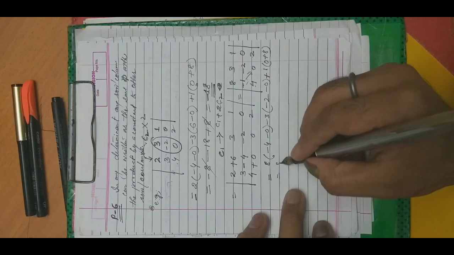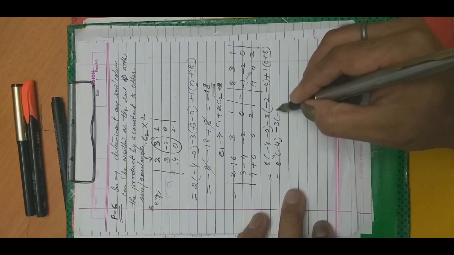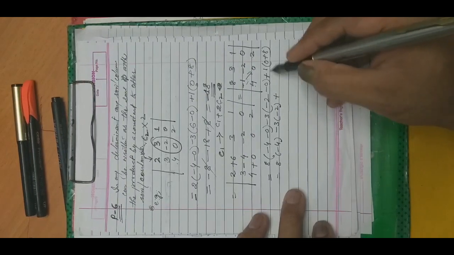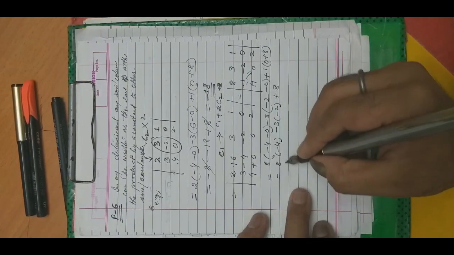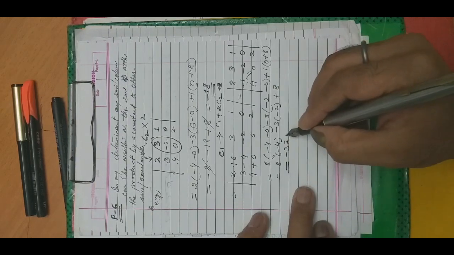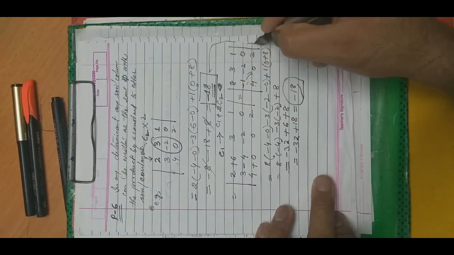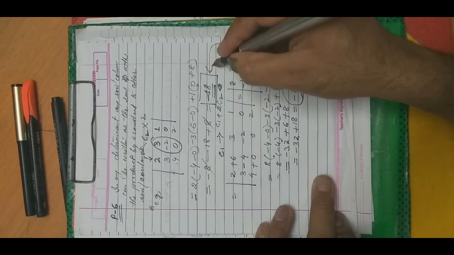So 8 into minus 4, minus 3 into minus 2, plus 8, minus 32 plus 6. The value is the same, these two are the same.